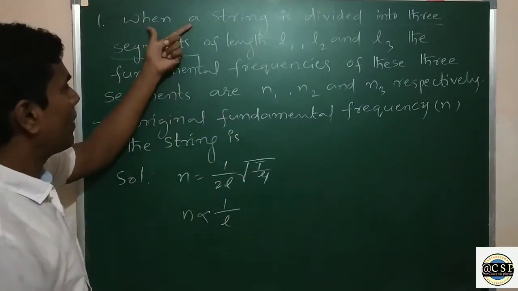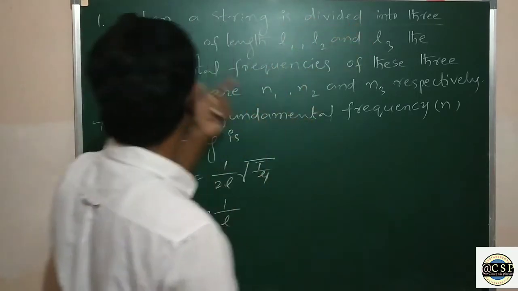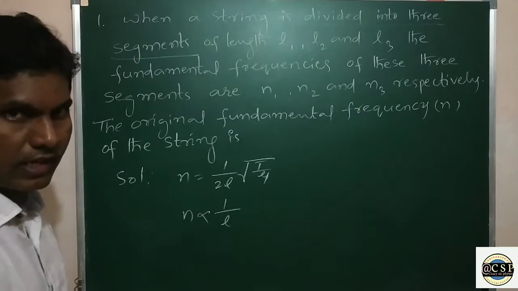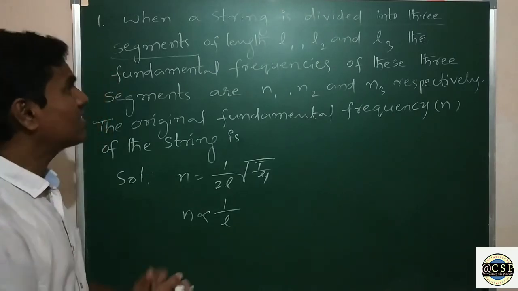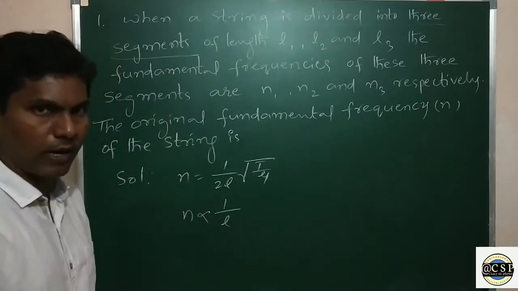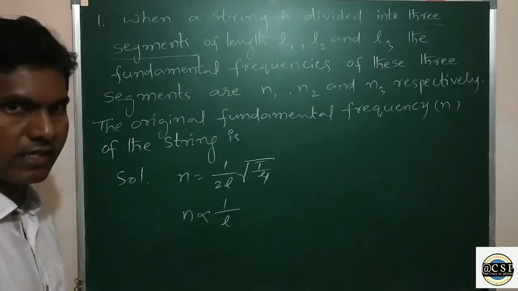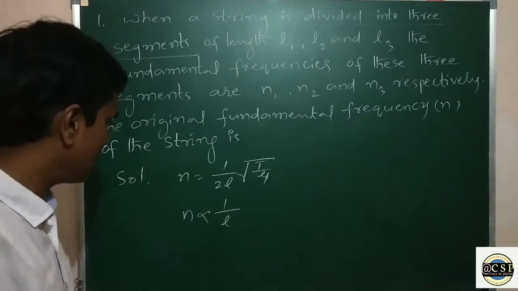Now here, the string is divided into three segments of lengths L1, L2 and L3. We need to take the length of these segments from this formula. So how is it possible to get the lengths of the three segments?